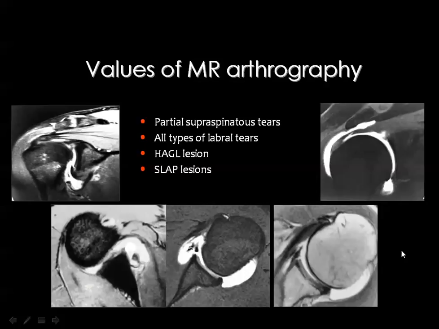If you ask about the value of MR arthrogram, in my opinion, MR arthrography of the shoulder is essential for evaluation of partial tears of the supraspinatus tendon, especially the articular surface tear. It is also very helpful in evaluation of labral tears, considering the Bankart lesion, the Perthes lesion, the GLAD, and the ALPSA lesion. It is also very important for evaluation of the HAGL lesion.